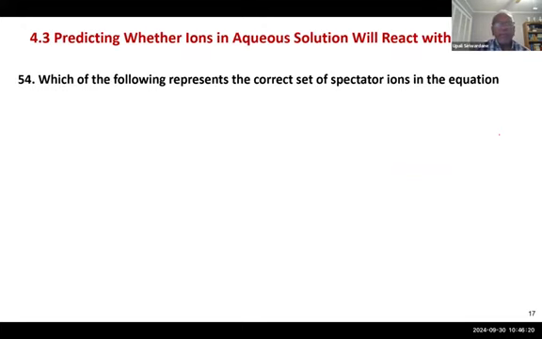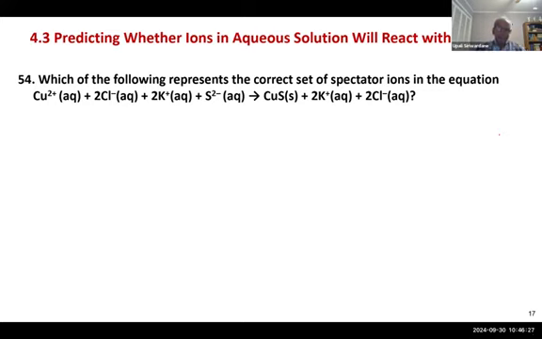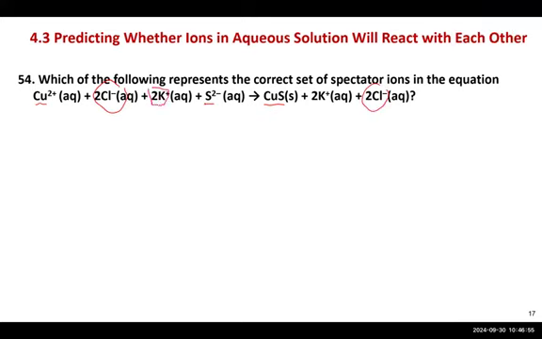Which of the following represents the correct spectator ions in the equation? You look at the complete ionic equation. What are the spectator ions? Copper sulfide is formed, therefore copper and sulfide combined and are not spectators. The two chlorides are still there, and potassiums are still there.